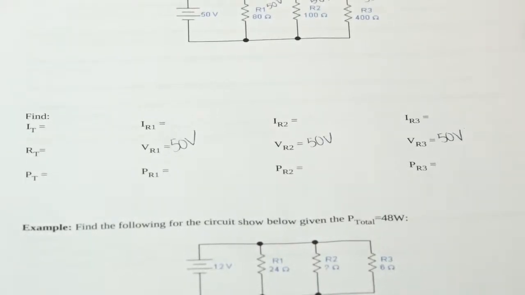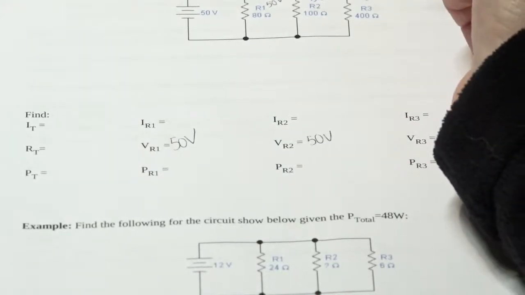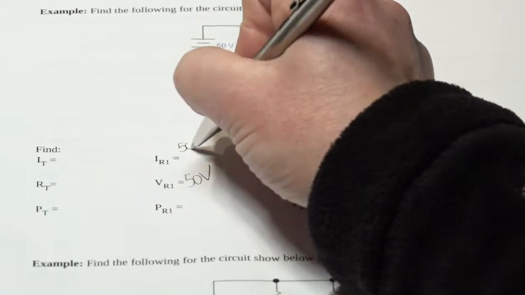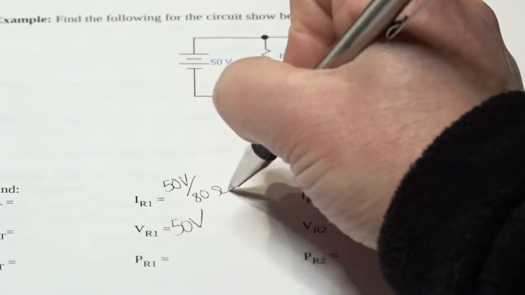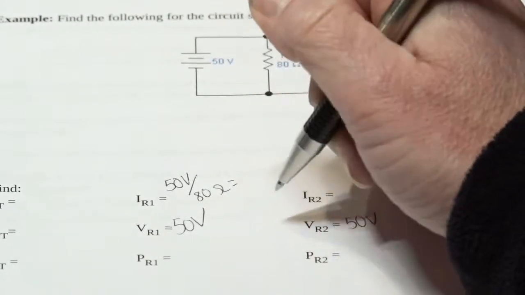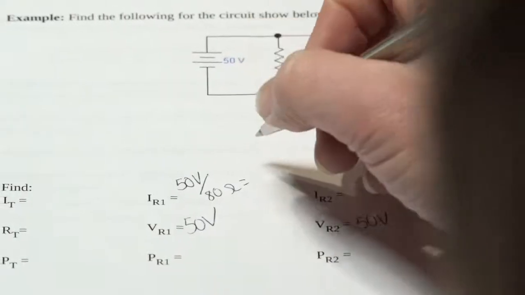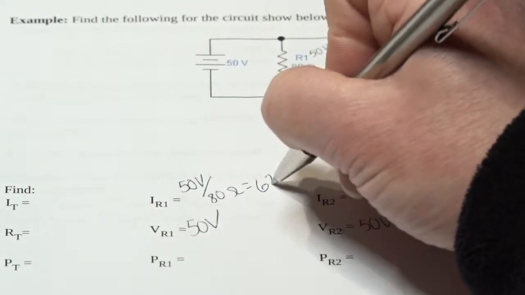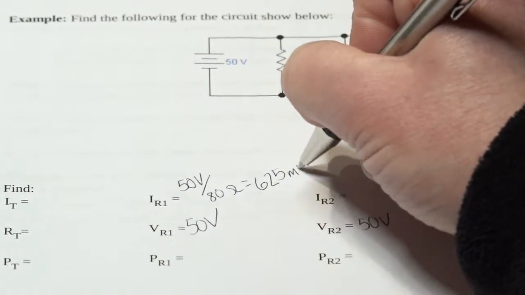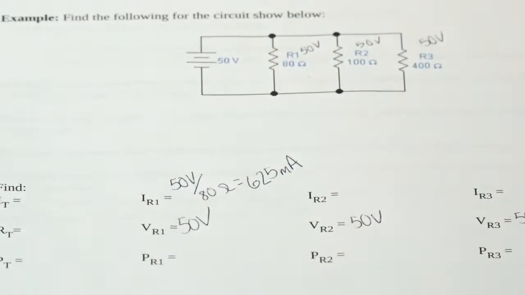Now, what law? Oh yeah, Ohm's law. If we apply it here, we take 50 volts, divide it by our resistance of R1, which is 80 ohms, and that gives us 625 milliamps.